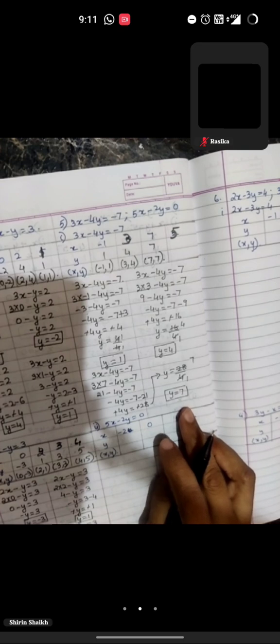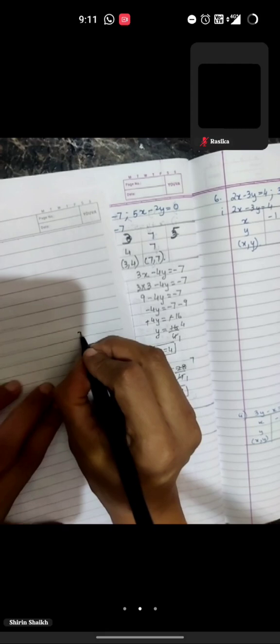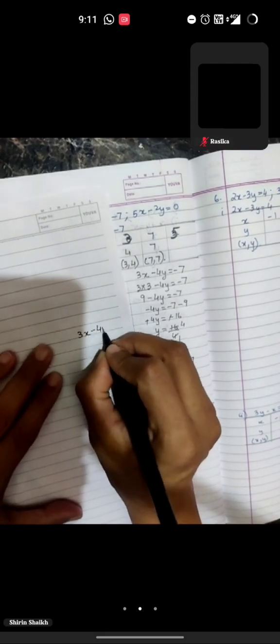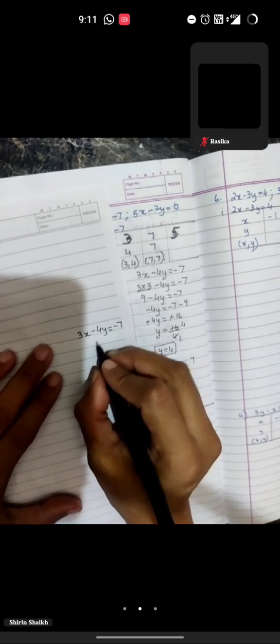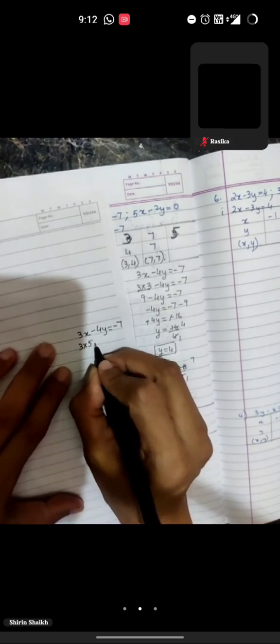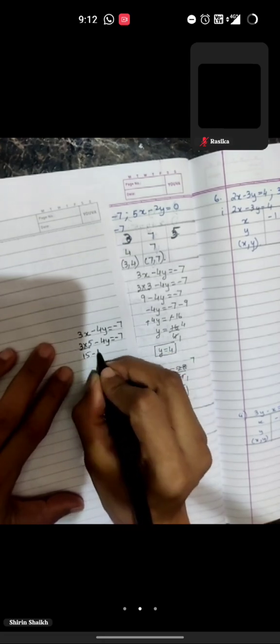I do not have space here, so I'm taking a bit of paper and showing you. 3x minus 4y is equal to minus 7, and I'm going to take x as 5. 3 times 5 is 15.